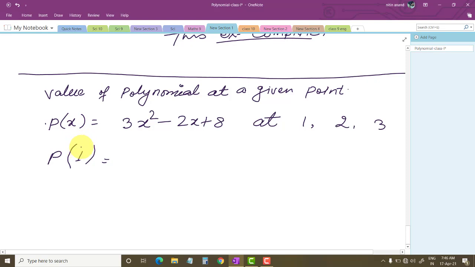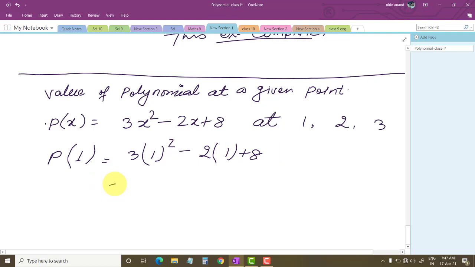That means we replace x by 1 in every term: 3x square, where x is replaced by 1, becomes 1 square. Clear? Now the next term minus 2x, with x replaced by 1, plus 8.